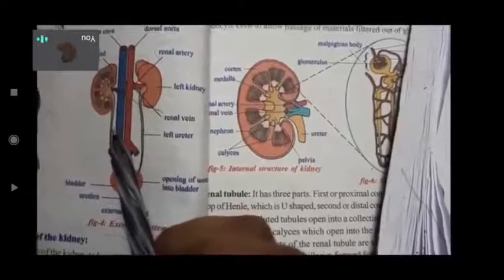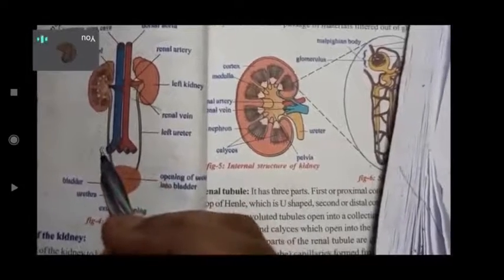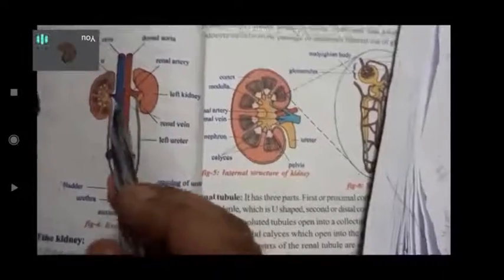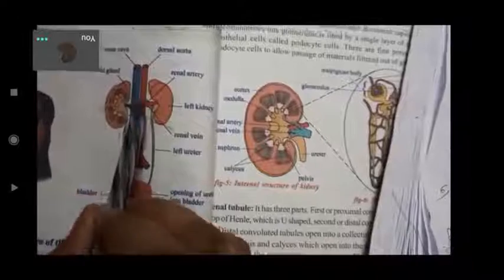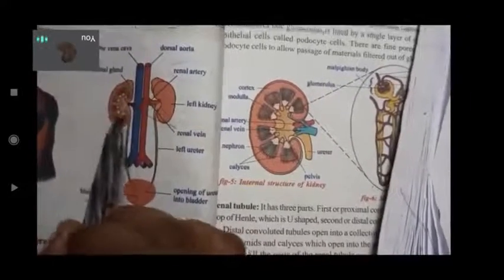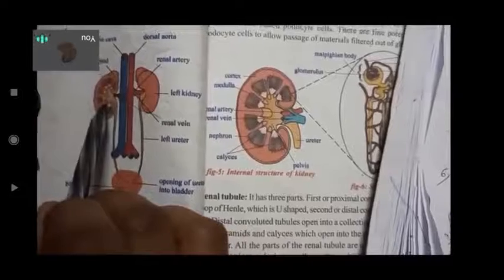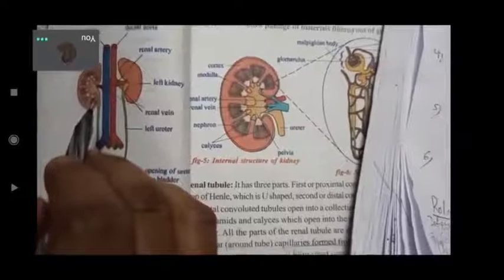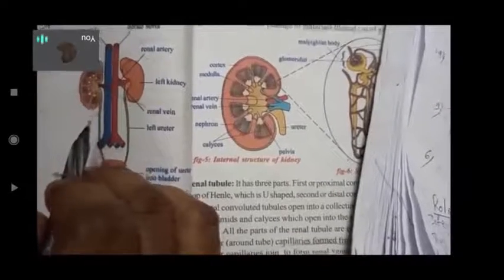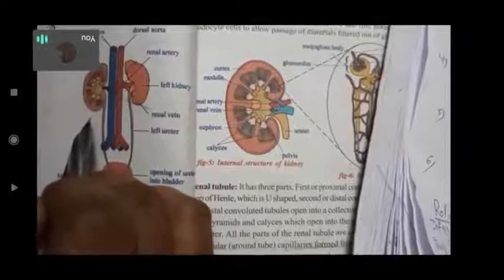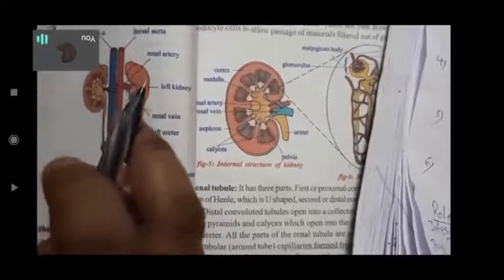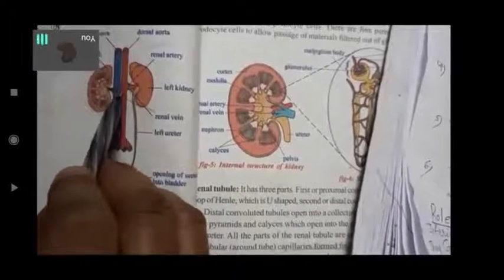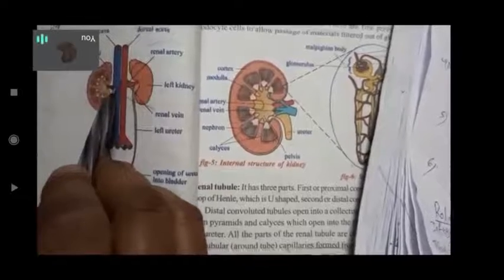Next point: the right renal artery passes behind the inferior vena cava. Right, this is the right part. It passes behind the inferior vena cava, the right renal vein, and the head of the pancreas. The right renal vein is this, and the red colored one is the right artery, which we are discussing now.